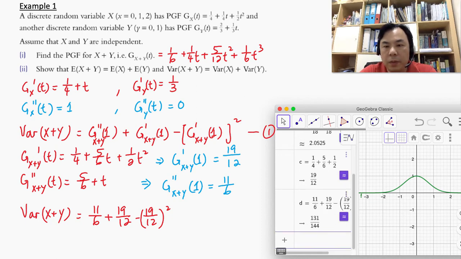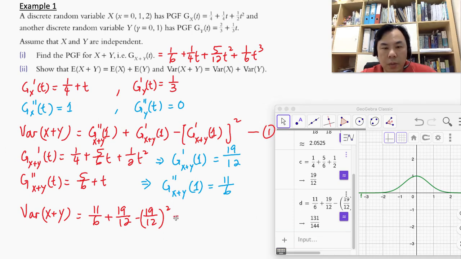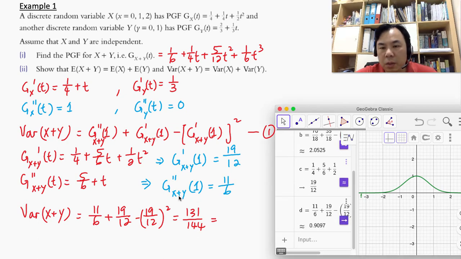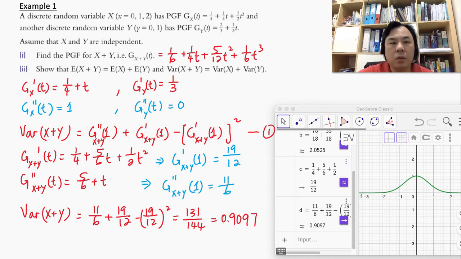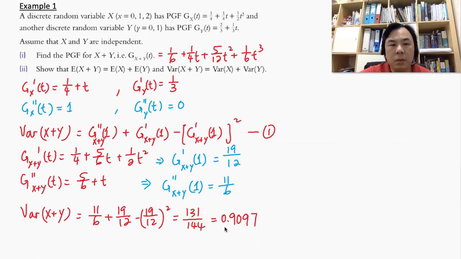Is that correct? Yep. Therefore, the variance will be equal to, maybe it's best if I just keep it as 131 over 144. But if you like to keep it as a decimal, we may have to compare the decimal up to a certain number of significant figures. So take for instance, we leave it as 0.9097 here. Okay, so I hope that is clear up to this point.